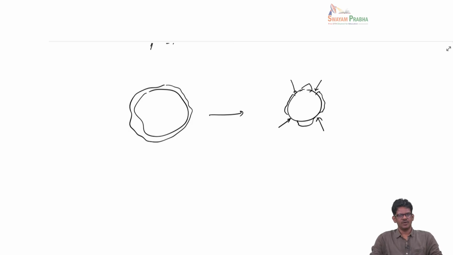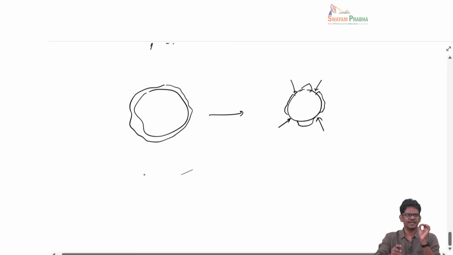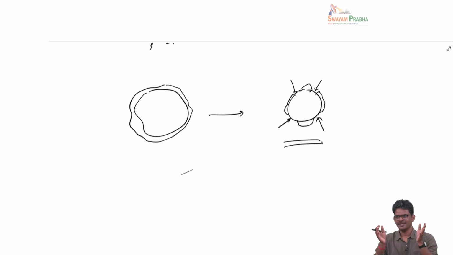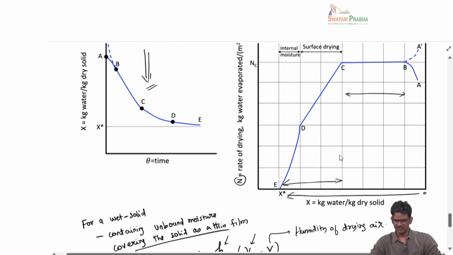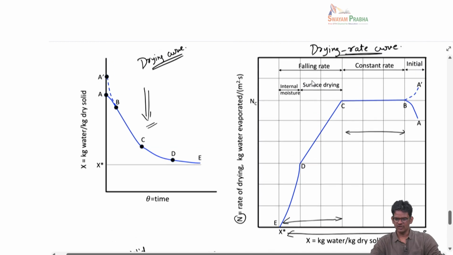But the original N, that mass transfer rate, is written with respect to the initial overall wetted area. Okay. But here once you reach this point, drying is happening only from those film areas, which are much less than the overall initial wet area. Because of this, N will keep decreasing. Okay. That is why we call this the falling rate, this segment C to D, we call it surface drying.